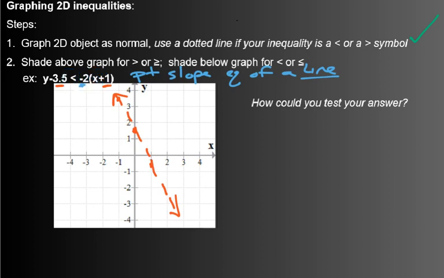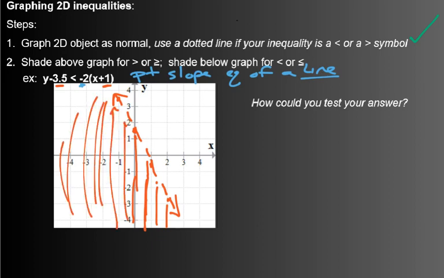So in a sense, if you fix a spot, you want to show the y values that are below it. From here, the y values that are below it are straight down, like that. From this spot, the y values that are below are straight down. This one, straight down. This one, straight down. This one, straight down. These are the y values that are below the line.